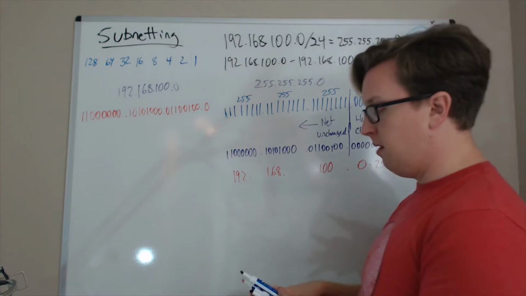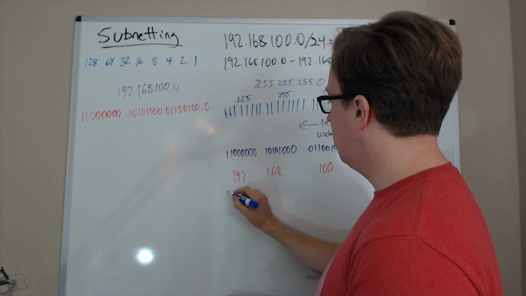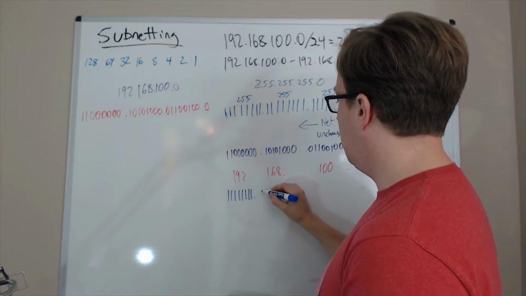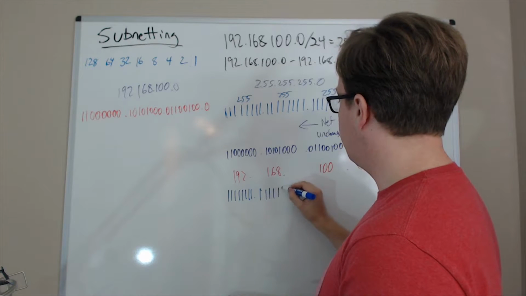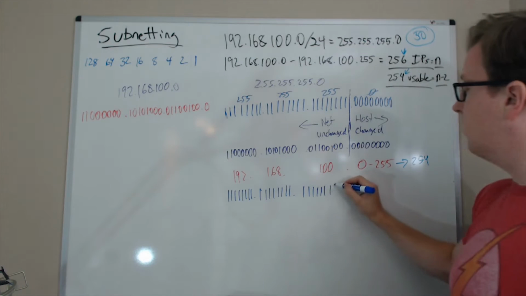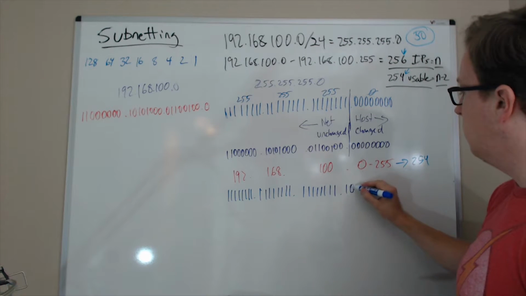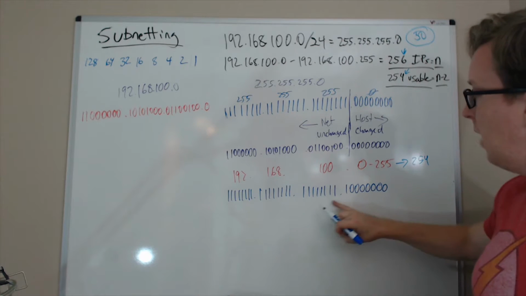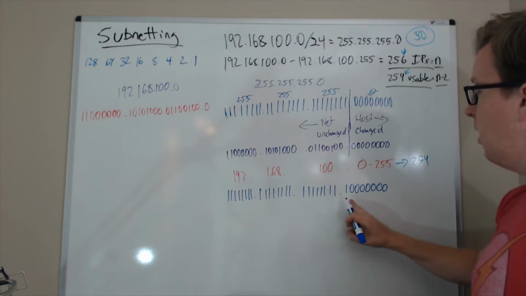Let's try that. We'll do 1, 2, 3, 4, 5, 6, 7, 8, 1, 2, 3, 4, 5, 6, 7, 8, 1, 2, 3, 4, 5, 6, 7, 8, and 1. So now we've moved the entire network over one bit.